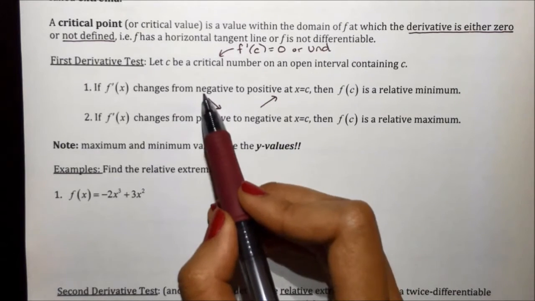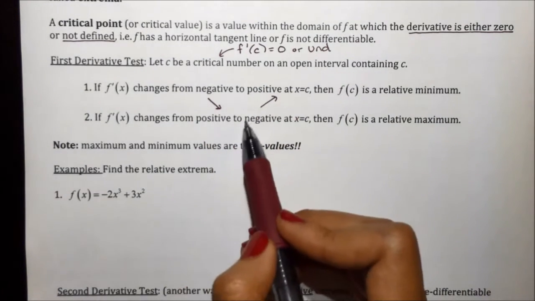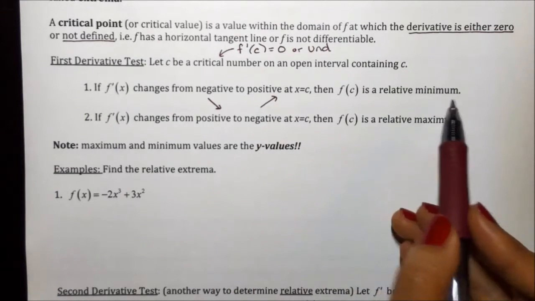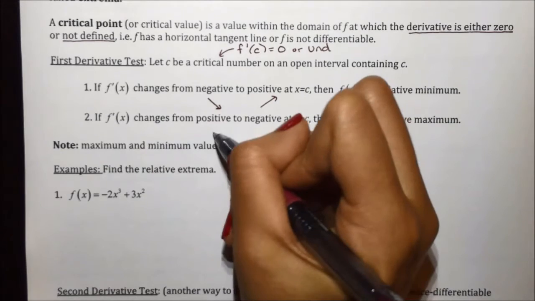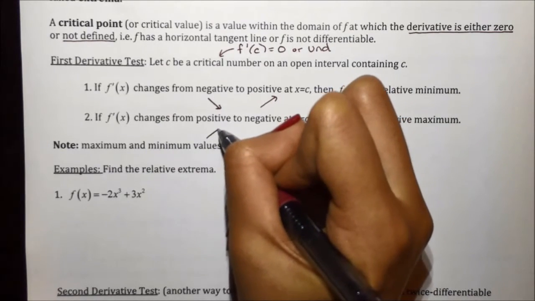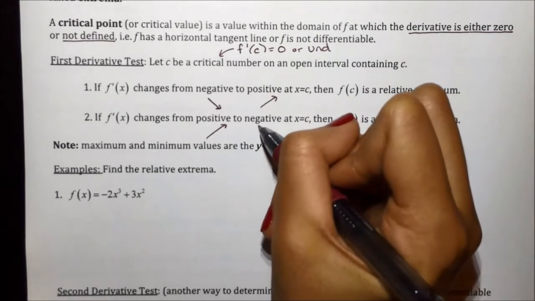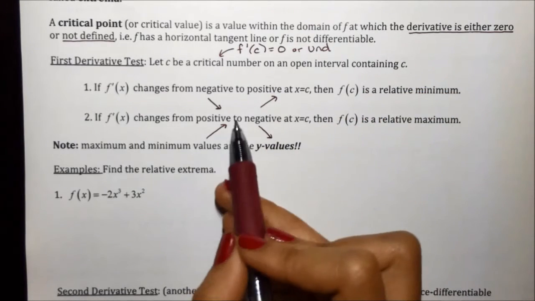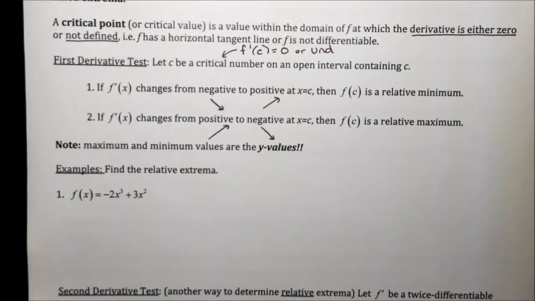Well, that makes sense because you're going down, then your first derivative is either 0 or undefined, and then it's going up, so it's a minimum. If the first derivative changes from positive to negative, that means that it starts with an increasing, and then to negative, then it starts decreasing. So if you're going from increasing to decreasing, then you're going to hit a relative maximum.